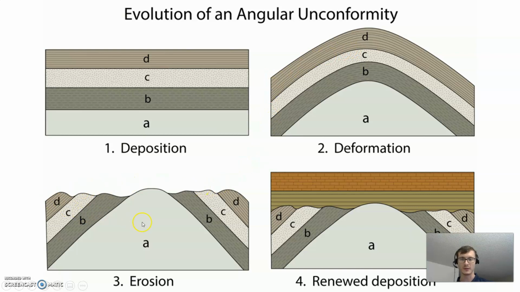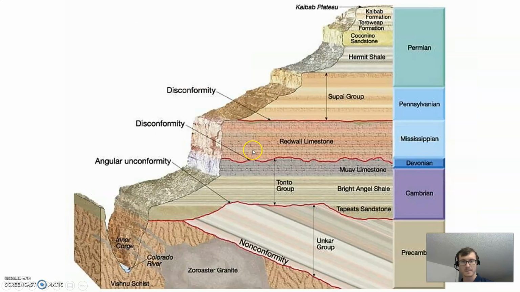They're exposed at the surface and eroded. And then finally, something new is deposited on top of them that is flat. So then we would look, and if we're looking at it from the side, like this, if we were to take a slice out of the earth, like we're slicing a cake, pull it out and look at it from the side, this is what we would see.